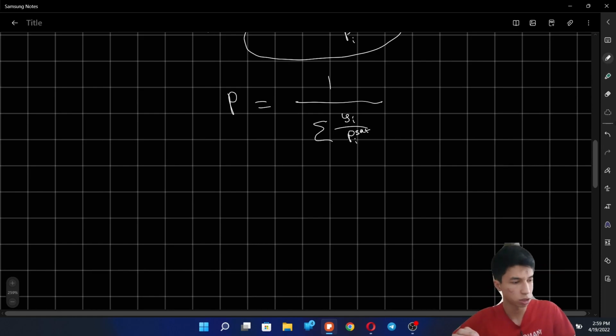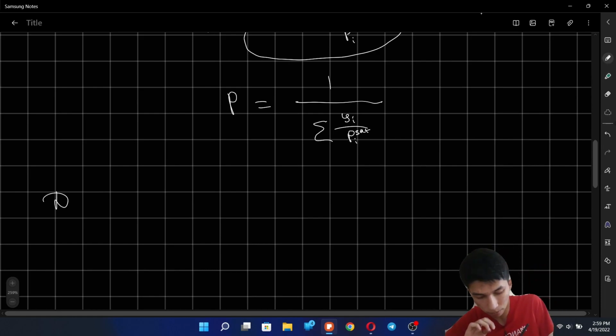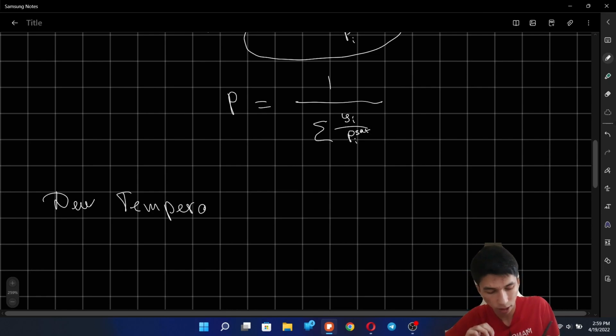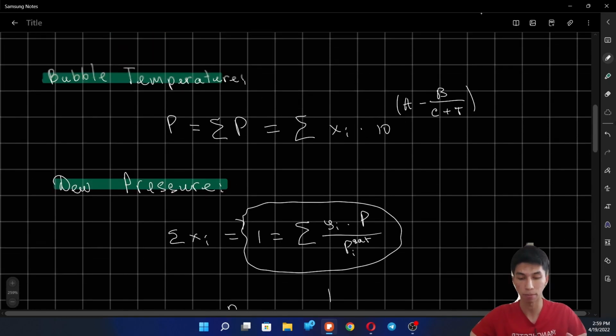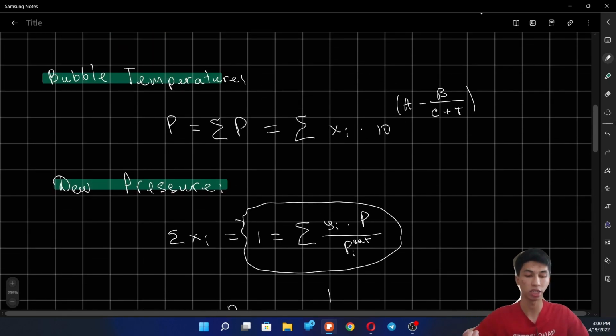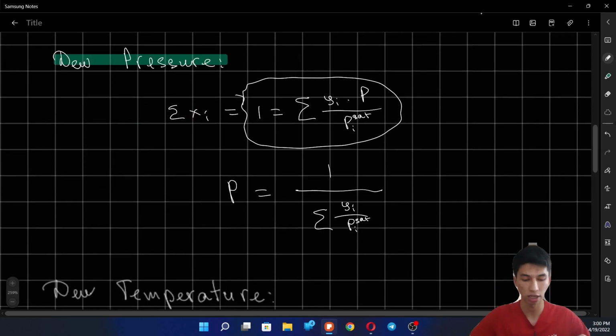So now let's move to the dew temperature. As we're solving for the temperature, we're going to do the same thing as we did for the bubble temperature. So we use the same equation and replace the pure saturation pressure with the Antoine equation.